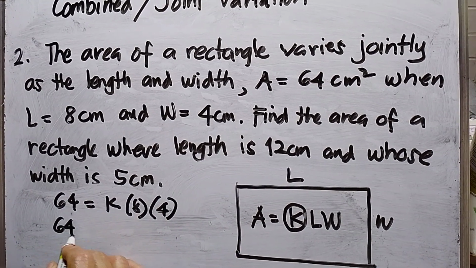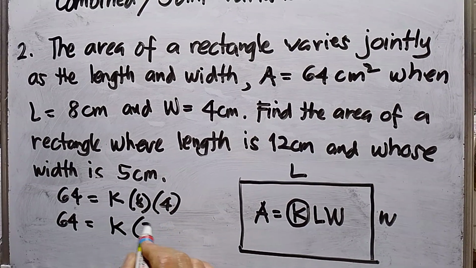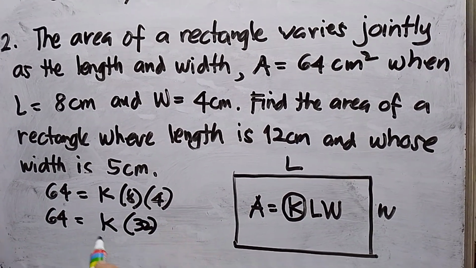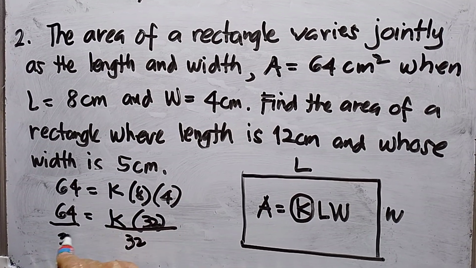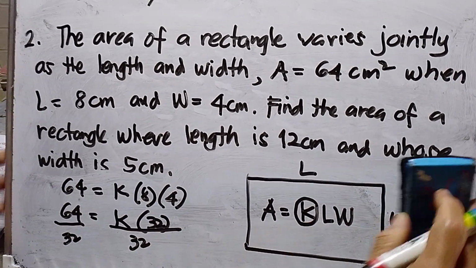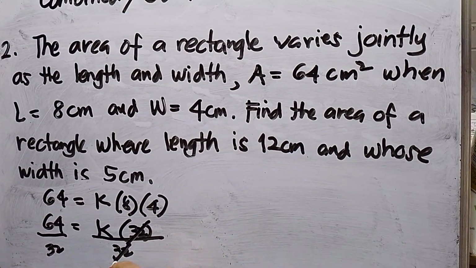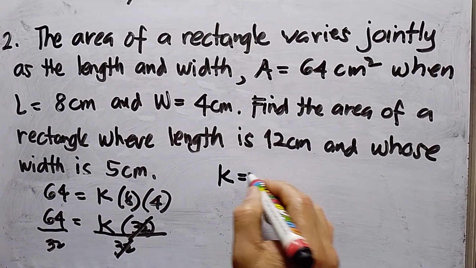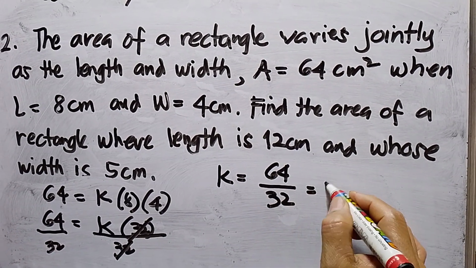So 64 is equal to K times 32, since 8 times 4 is 32. Divide both sides by 32 in order to solve the value of K, or the constant of variation. So K is equal to 64 over 32, and this is equal to 2.